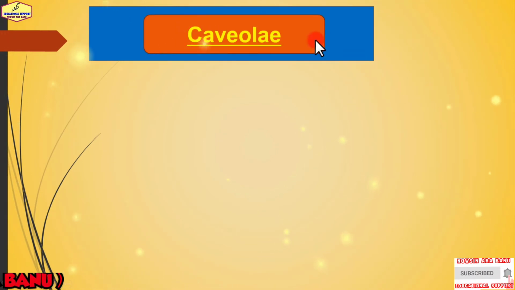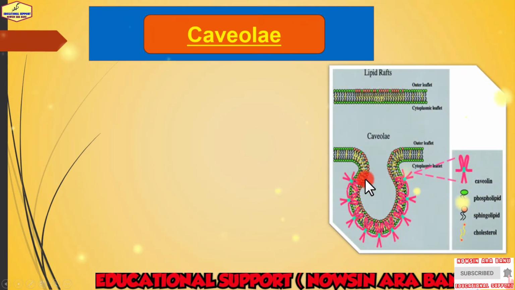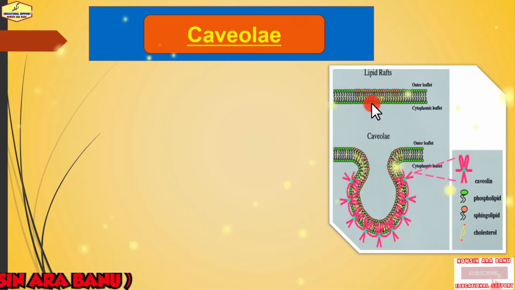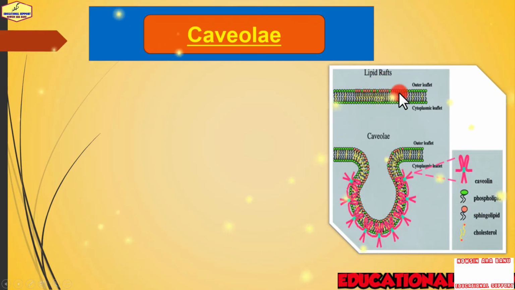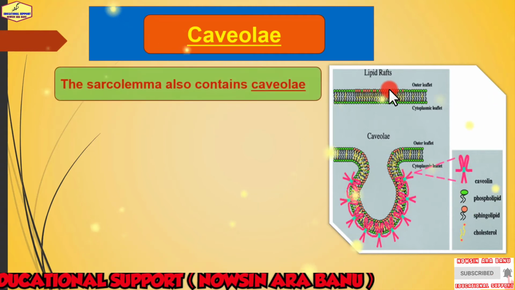Next, I am discussing caveolae. The sarcolemma also contains caveolae, which are microdomains of lipid raft, specialized for cell signaling events and ion channels.